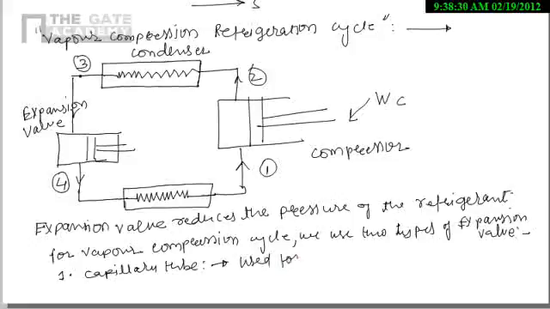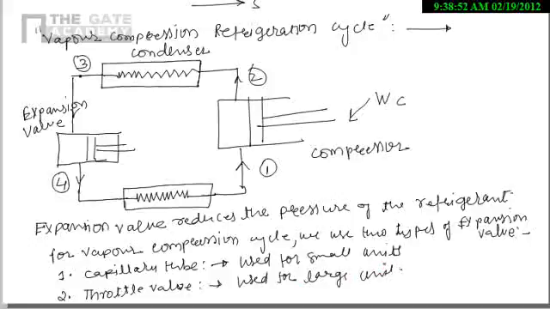The second one is the throttle valve, which is used for large units.